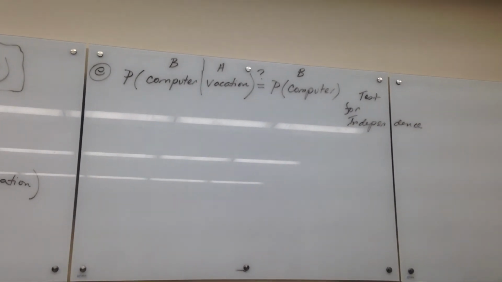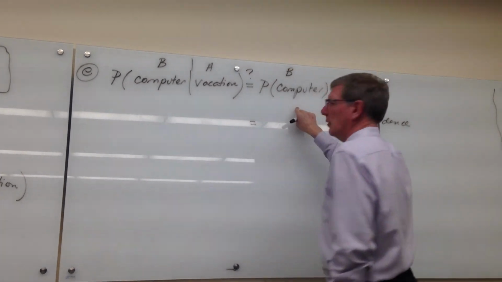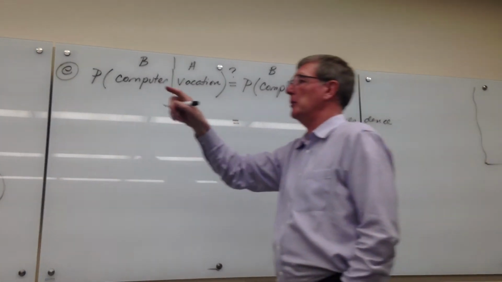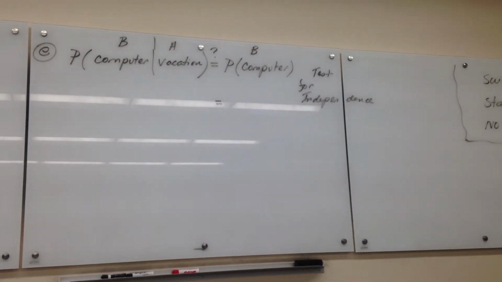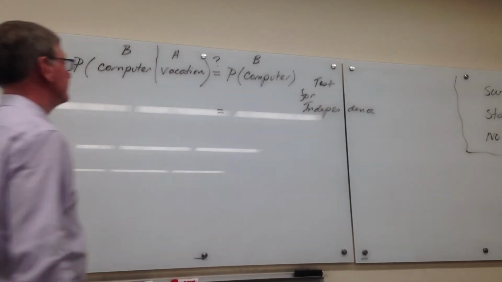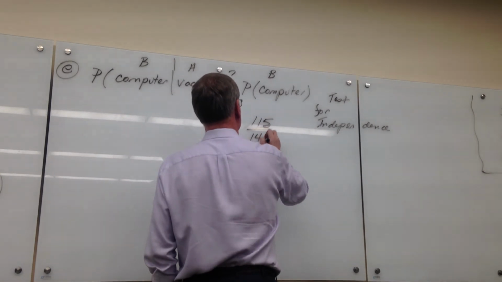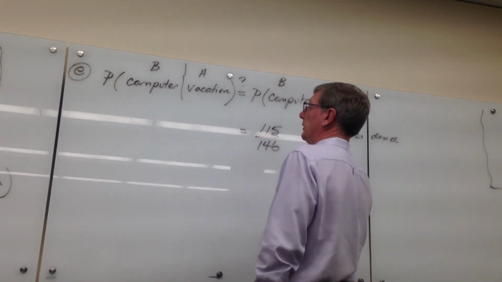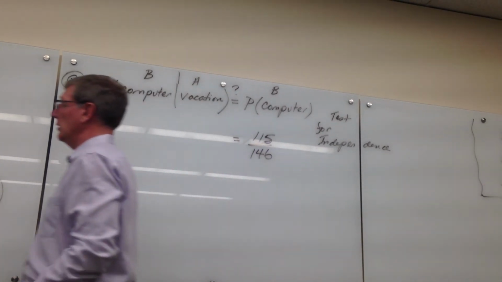All right, so let's take a look at it. What's the probability of owning a computer? Probability of a computer family is right here, 115 over 146. What's the probability of owning a computer given that I take a vacation?